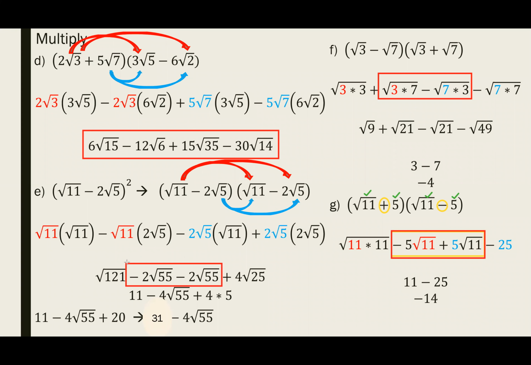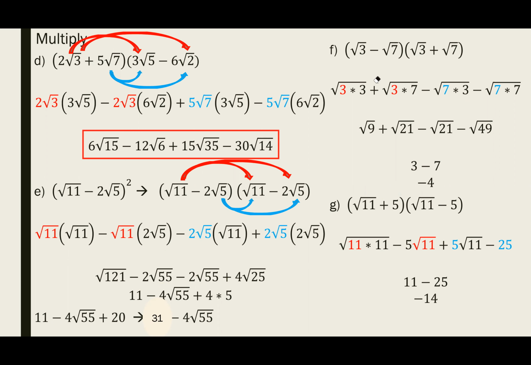But in E, both of them are negative, right? In E, they are not one positive, one negative. Both of them are negative, which is why you cannot cancel them out. Okay, so again, F and G are conjugates of each other, and if they are conjugates of each other, the middle term will always cancel itself out.